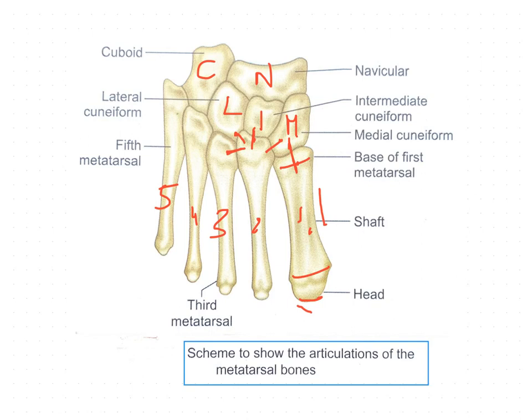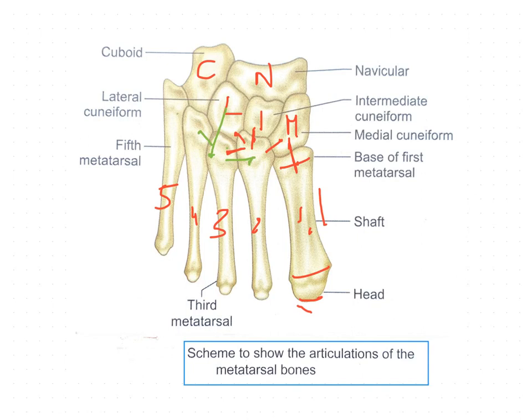Now the base of the third metatarsal bone articulates proximally with the lateral cuneiform, medially with the second metatarsal bone, and laterally with the base of the fourth metatarsal bone.